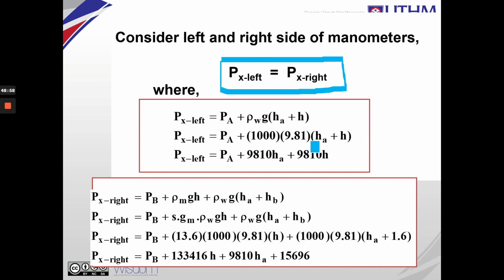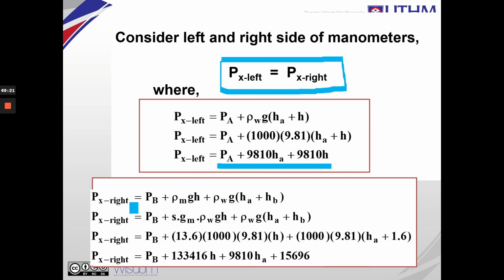We don't know H or the value of HA. So the equation in terms of PA is PA plus 9810 HA plus 9810 H. This is the equation for the pressure on the left.